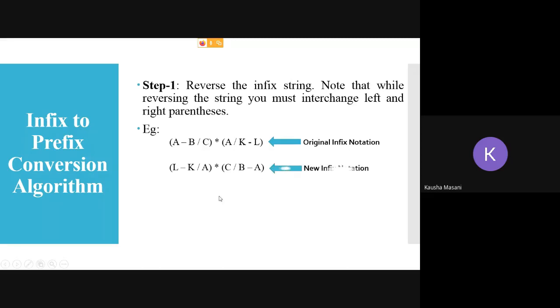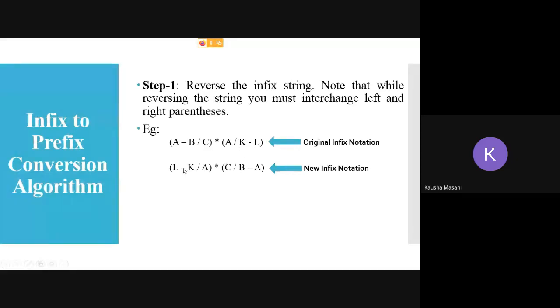So this you can say is your new infix notation. This is infix to prefix: reverse the infix string. So the original one would be something like this: A minus B divide C star A divide K minus L, all inside the bracket.